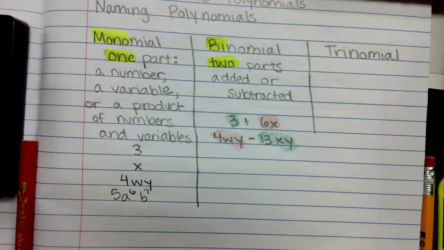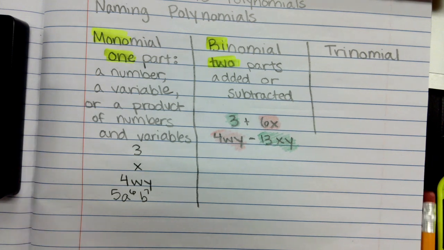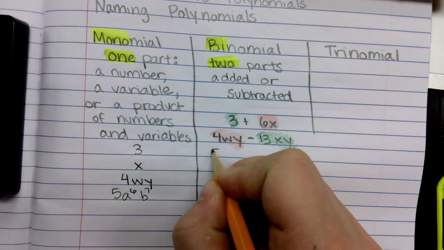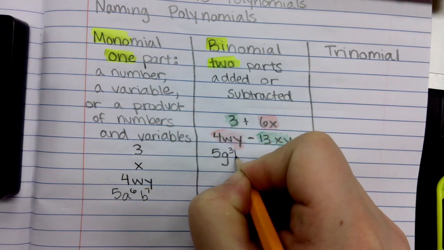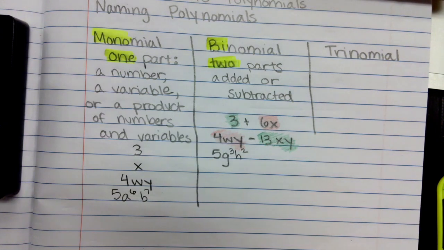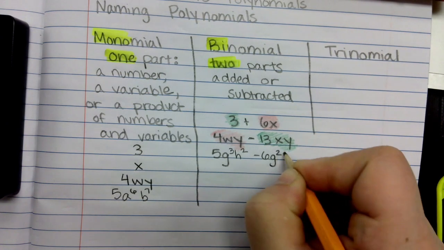Or we might have some exponents in there, like 5g to the third power minus 6g squared h. It looks like a lot going on there, but it ends up working out pretty quick.